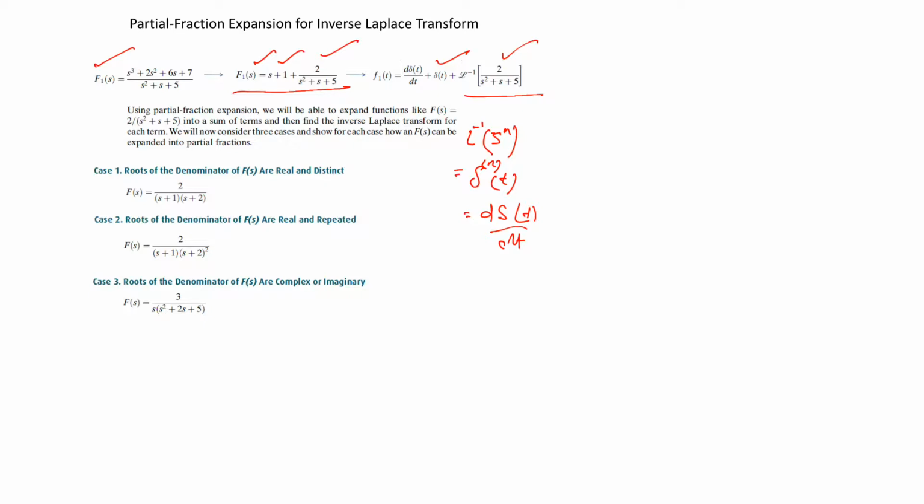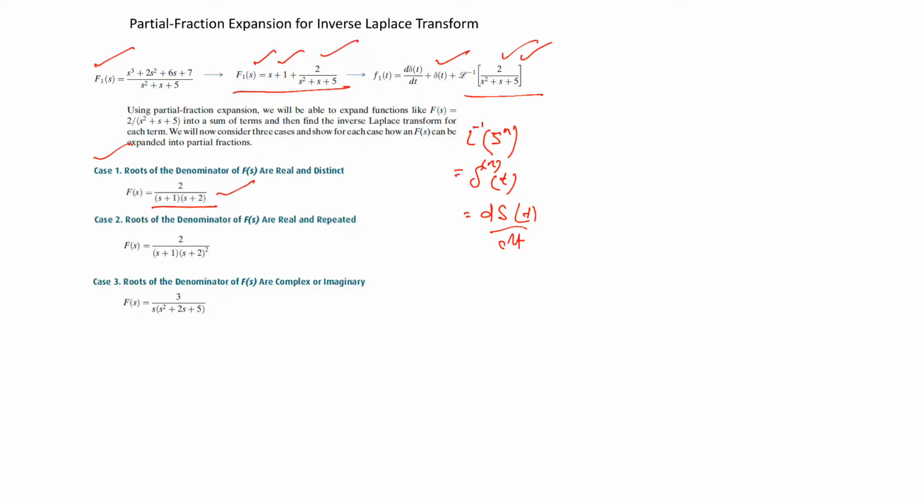Now to find the inverse Laplace transform of this term, we take it as a reference, and then we can see the different cases which arise. If the roots of the denominator are real and distinct, that is the first case.